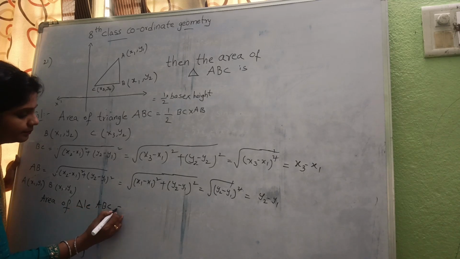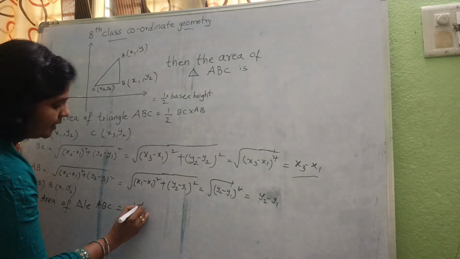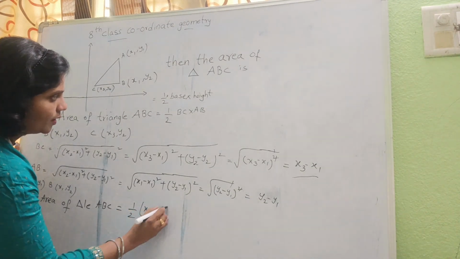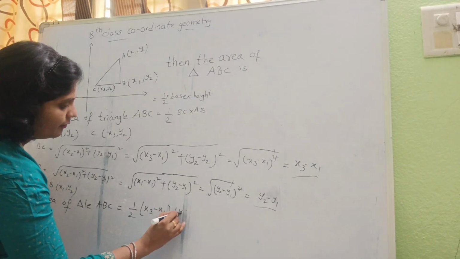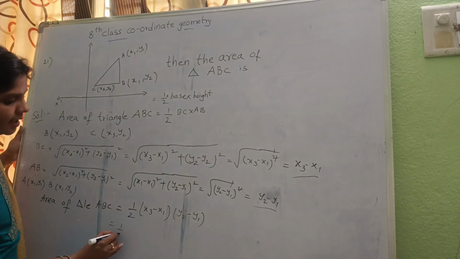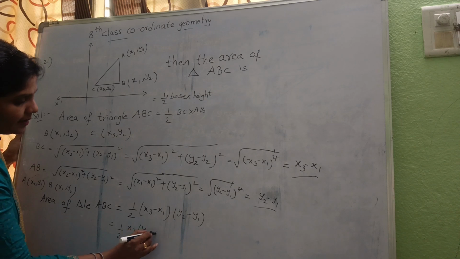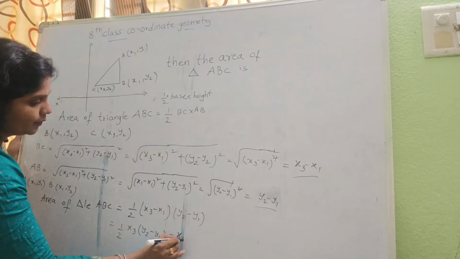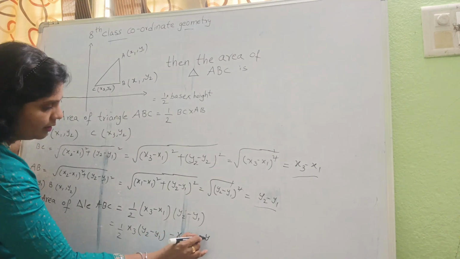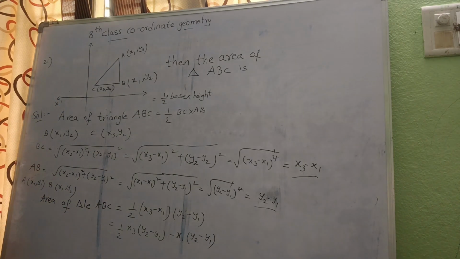That is 1 by 2, BC value, x3 minus x1, into AB value, y2 minus y1. So we can write it as multiplication: 1 by 2 into x3 minus x1 into y2 minus y1. Understood?